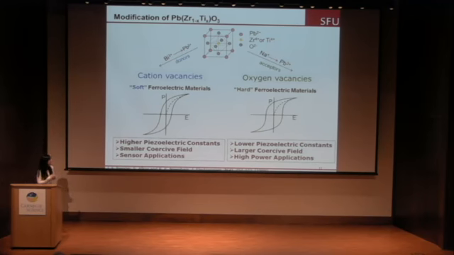On the other hand, acceptor doping can cause oxygen vacancies, and we could make harder ferroelectric materials for high power application.